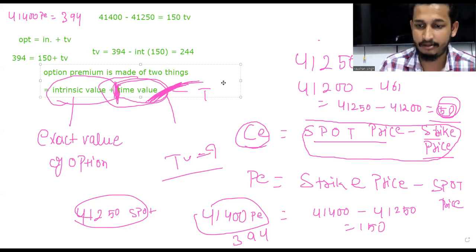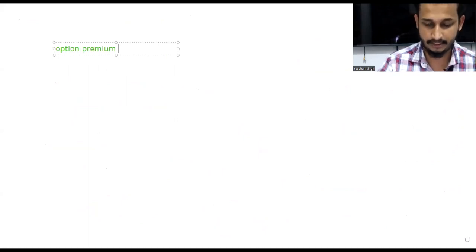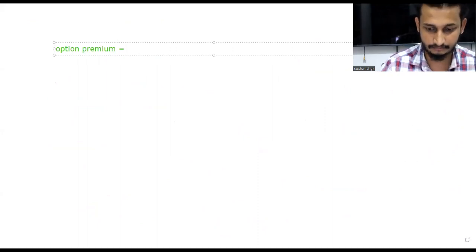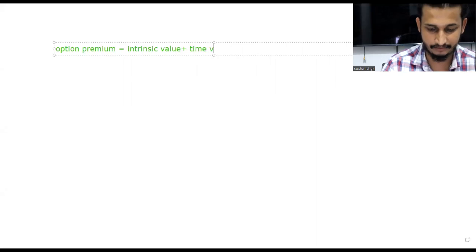Understood? I'll write down the formula. Please make sure that you are taking the screenshot. Option premium, ठीक है, is equal to intrinsic value plus time value, ठीक है.